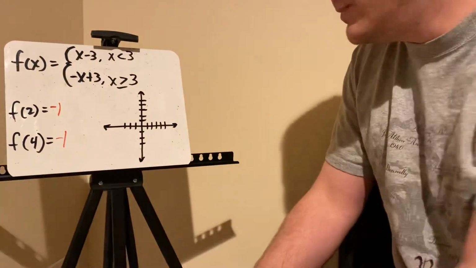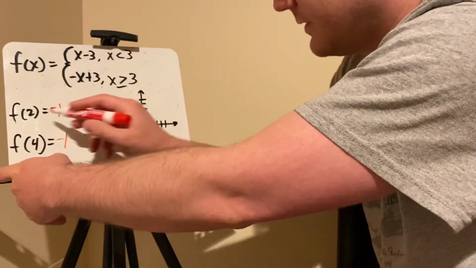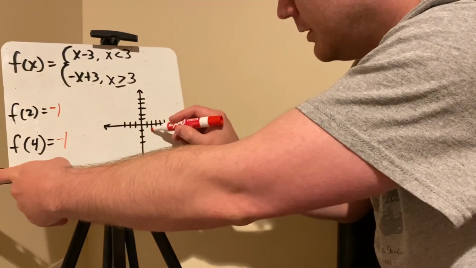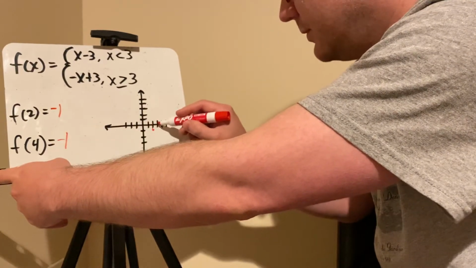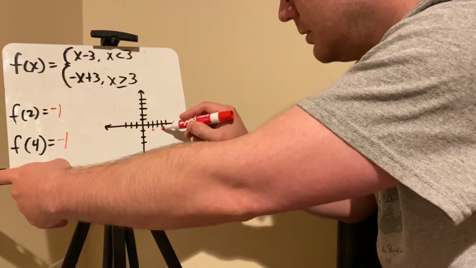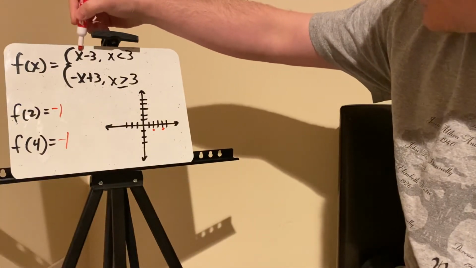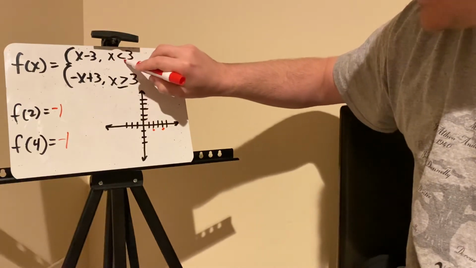You could plot these points, and that could be part of our graph. So if I go 2, -1, I go over 2, down 1, right? I go over 4, down 1. 1, 2, 3, 4, down 1. All right. Now, I can also just graph these lines and only graph them when x is less than 3.